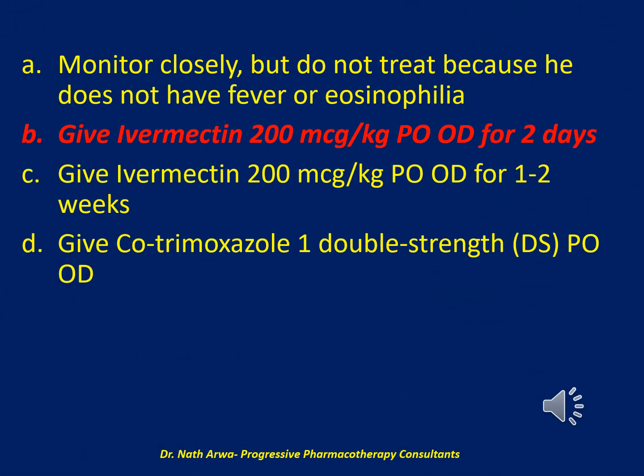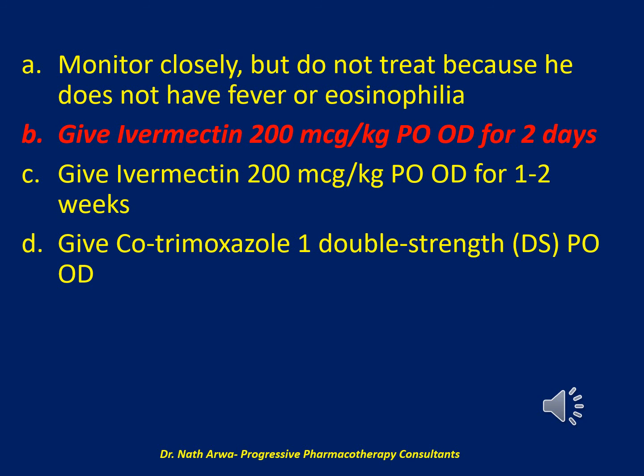And the correct answer is B. Give ivermectin 200 mcg per kilogram orally once daily for 2 days. This patient should be treated for chronic Strongyloides infection, given his positive antibody and exposure history, to prevent hyperinfection because he will be immunocompromised with treatment of his AML and possible need for an HCT in the future.